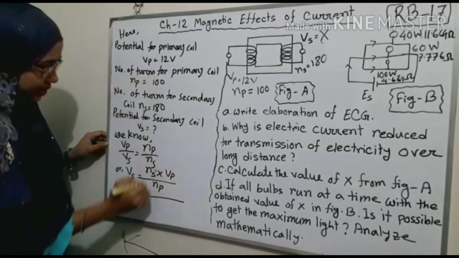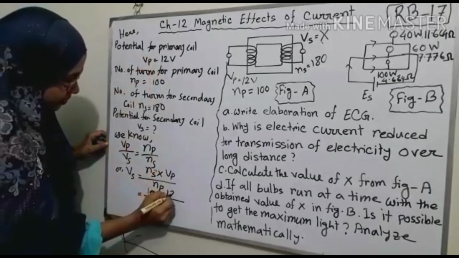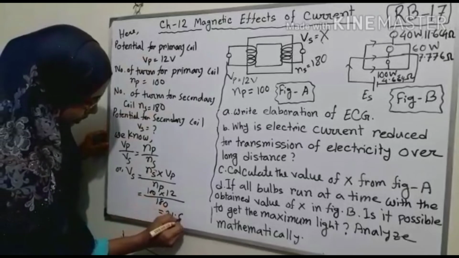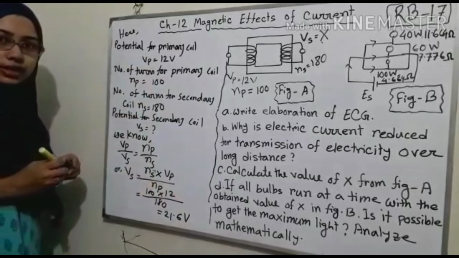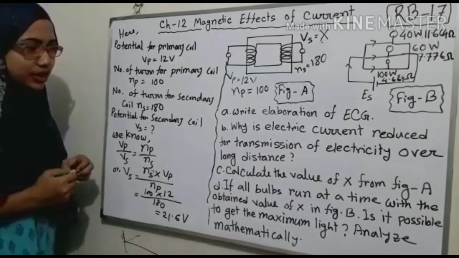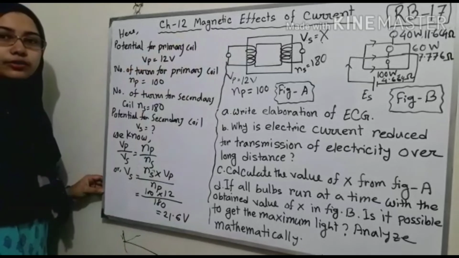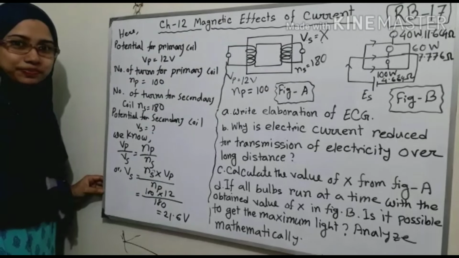Ns is 180 and Vp is 12, divided by 100, and the answer came 21.6 volt. So this is the required answer, because the question is asking the value of X, that means the potential for the secondary coil, and the potential for the secondary coil is 21.6 volt.